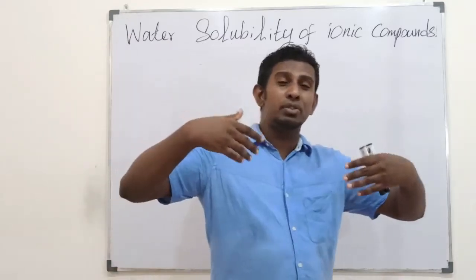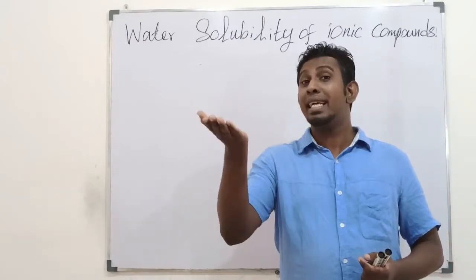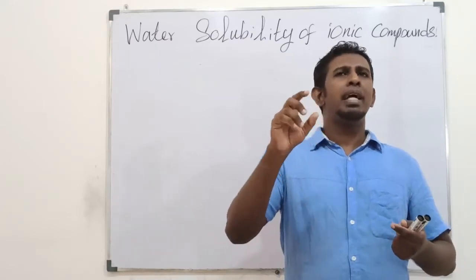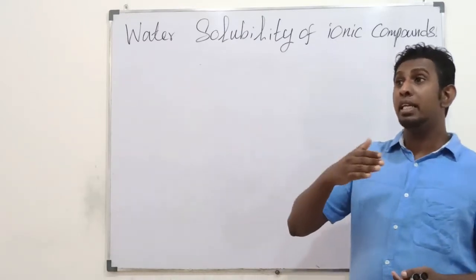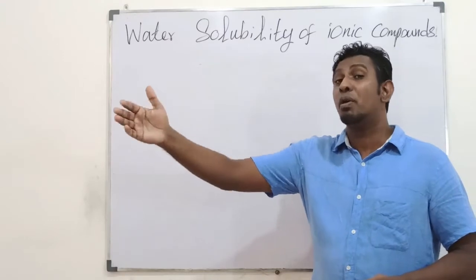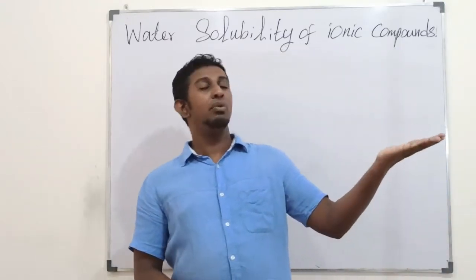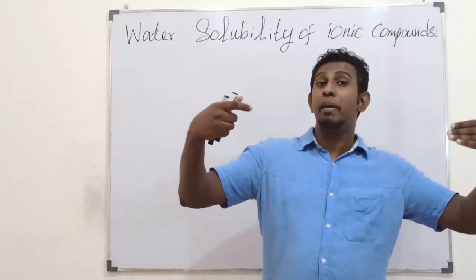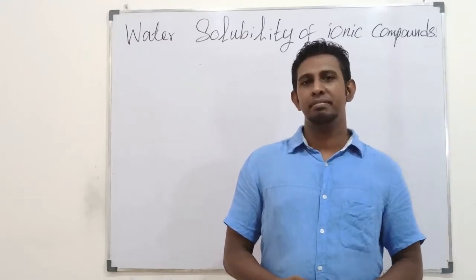Then, seeing the cations and anions involved, you could find some patterns. Sometimes, having such cations, it always follows this behavior. Similarly, when you have certain anions, you could expect certain properties based on their water solubility.